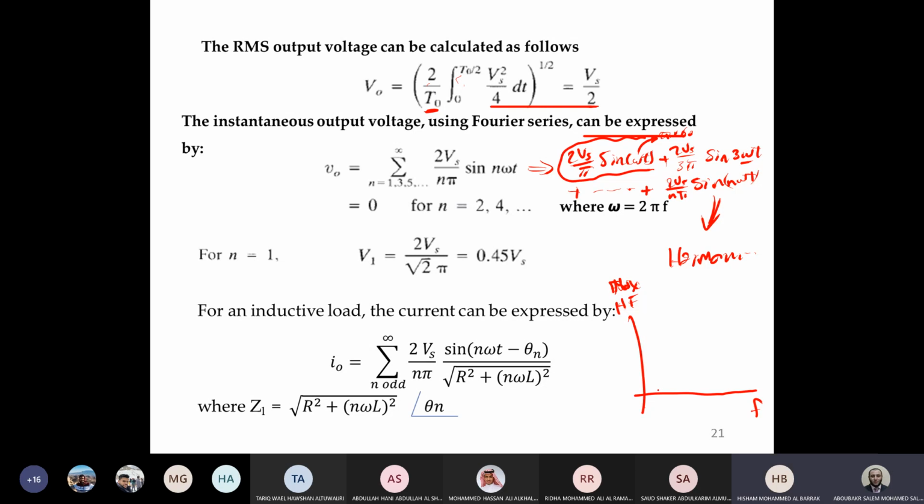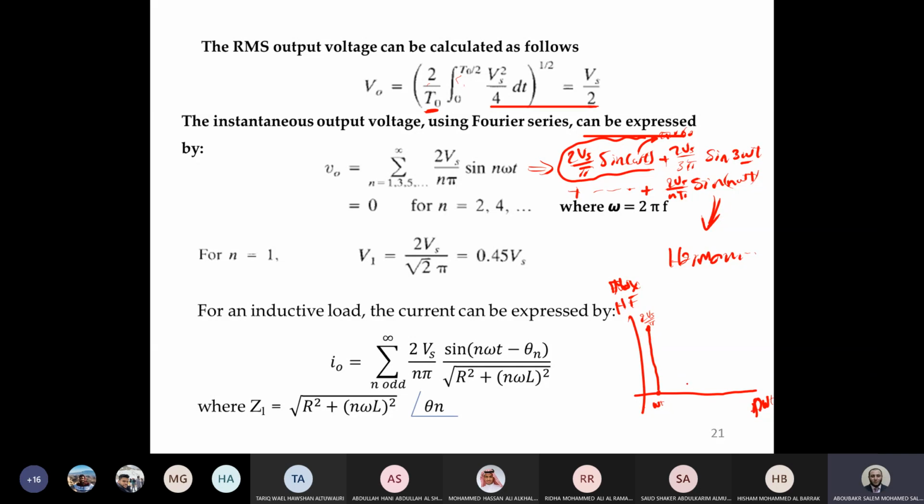So we can come here, and this will represent, Shabab, let's say n omega t, not frequency, because n omega will be the same. Okay, so this is n omega t. Here, this is the fundamental at n equals unity, so this is omega t, and the peak value will be here 2 Vs over pi. This is called the fundamental.